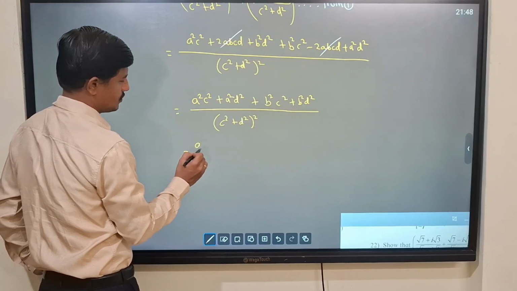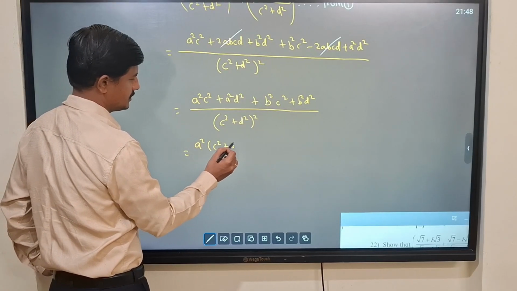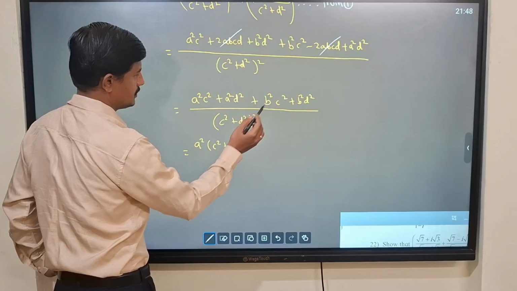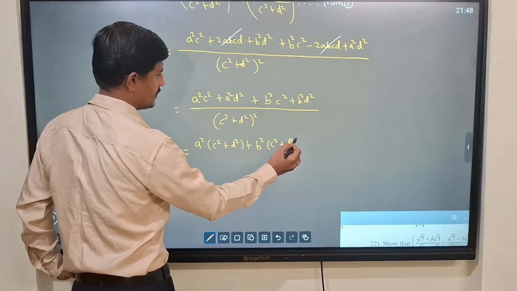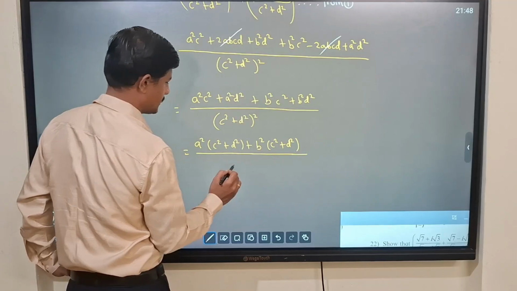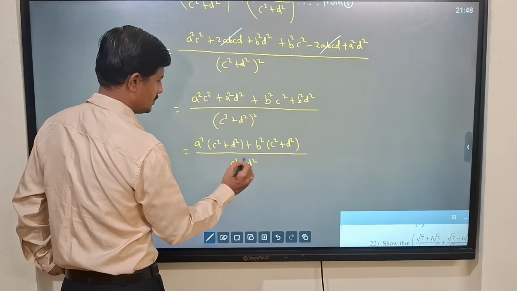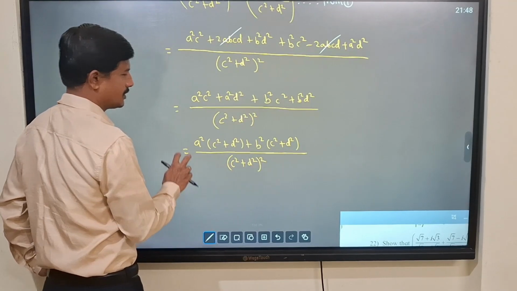Take a square common from this term, this becomes (c square plus d square), plus take b square common from this term, this becomes (c square plus d square), upon (c square plus d square) whole square.